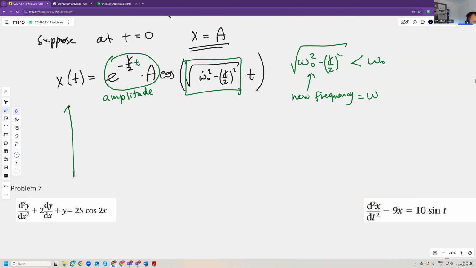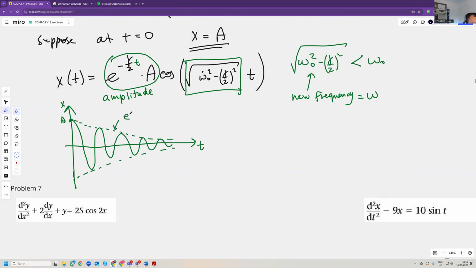So the graph would look like this. We start with the maximum displacement, x, and as time goes by, so if we draw an exponential curve like this, this line is e to the power minus gamma over 2 t.